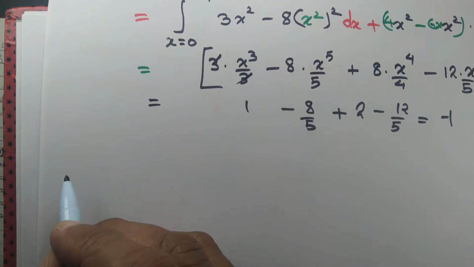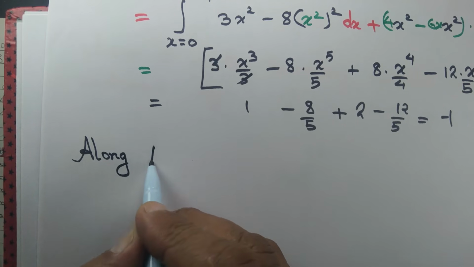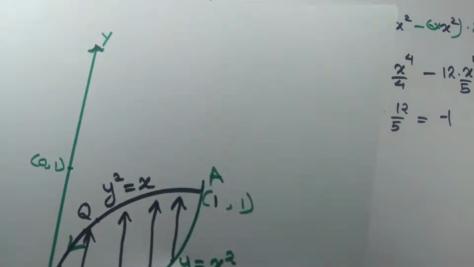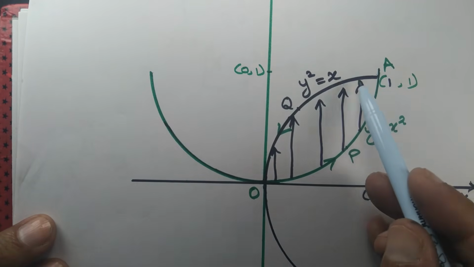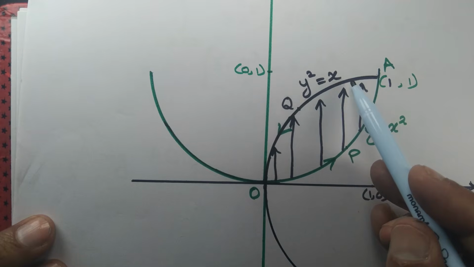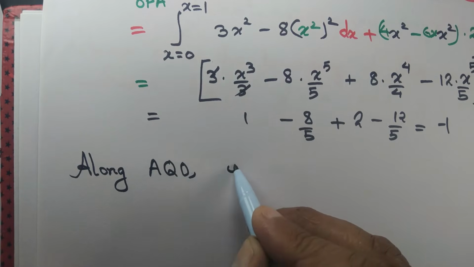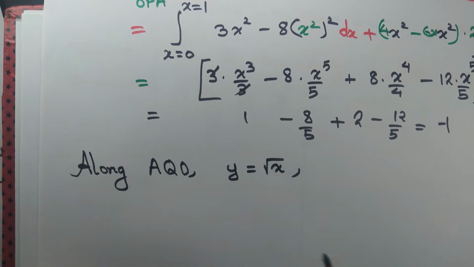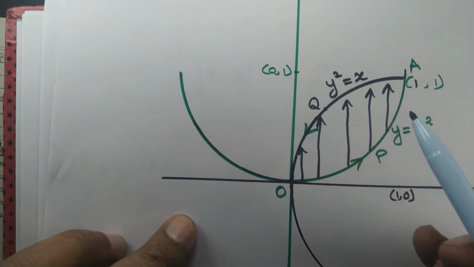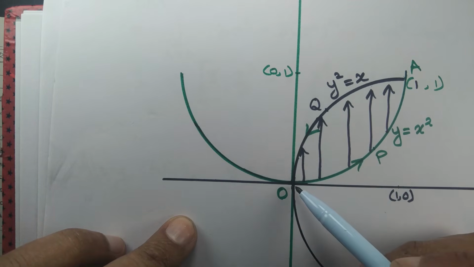Along AQO, if you look at the curve AQO, you observe that y square equal to x, or y equal to root x. So in AQO we have y equal to root x. Now remember, we are moving in anti-clockwise direction and we are moving from A to O. So x is changing from 1 to 0.